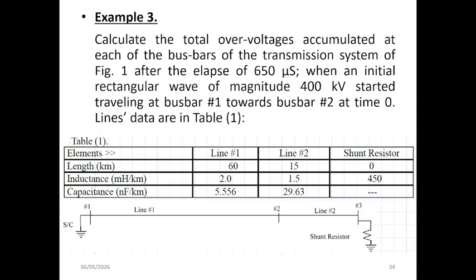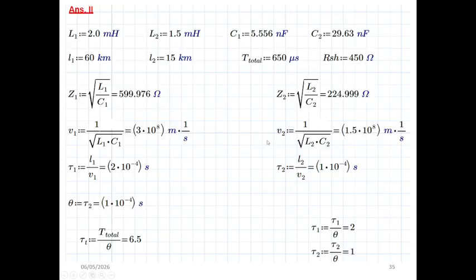So this type of analysis is crucial for insulation coordination and for ensuring the reliability and protection of high voltage transmission systems. Okay, in this slide, the key transmission line parameters are first defined and then used to derive the fundamental quantities required for traveling wave analysis.